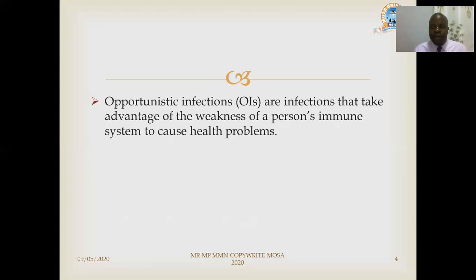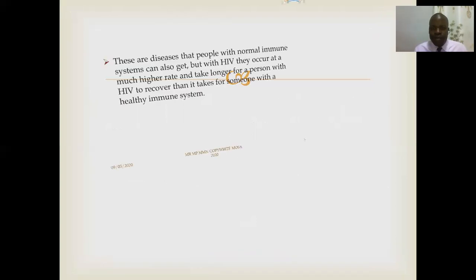For example, when someone is HIV positive and the disease reaches an advanced stage, a lot of infections come into play, making them prone to various infections.